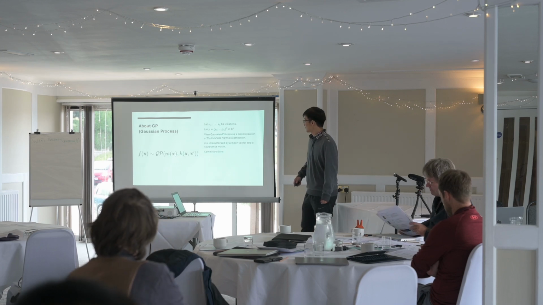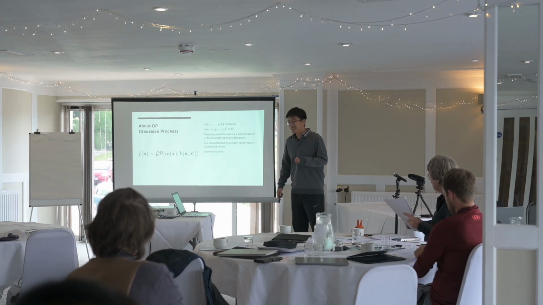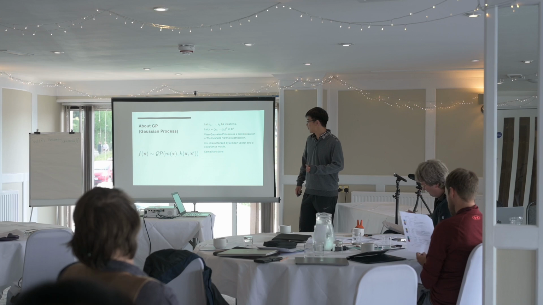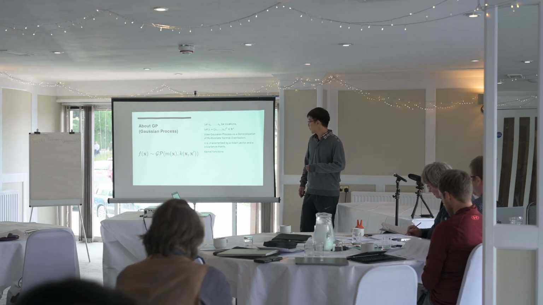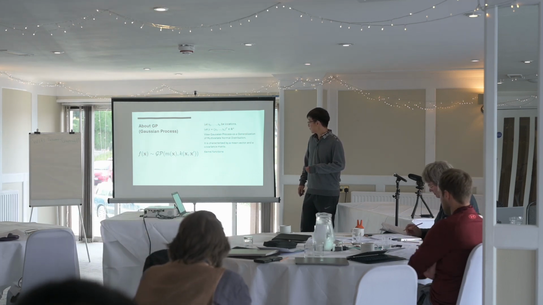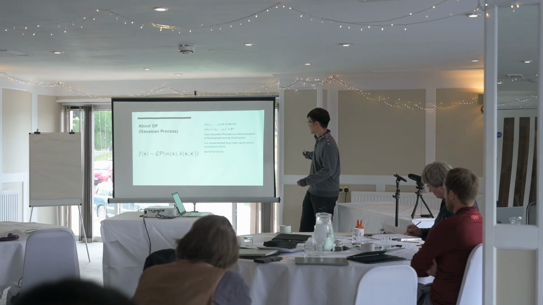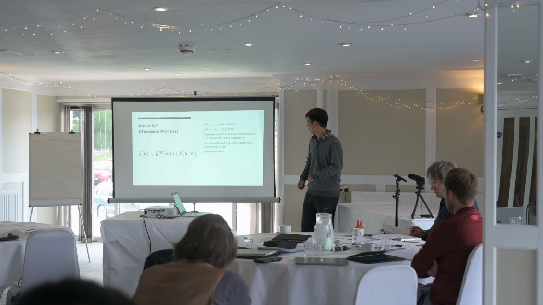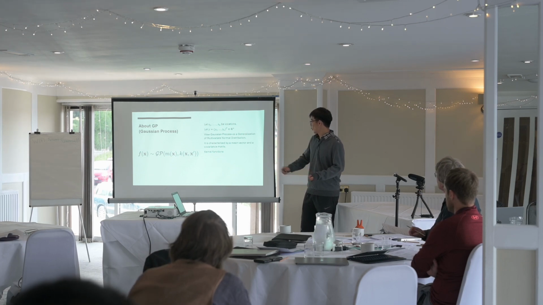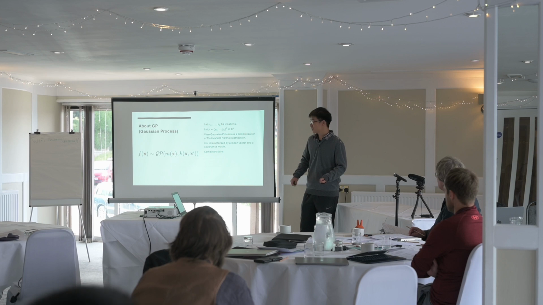Yeah, here we go. At the beginning, I would like to give a brief introduction to the Gaussian process model. Imagine that you have several locations, S1 to Sn, and at each location you have a corresponding scalar output y. You can collect all the y together into a column vector.